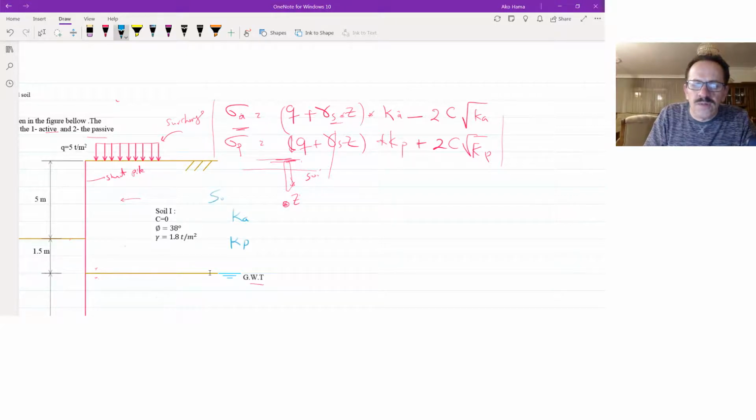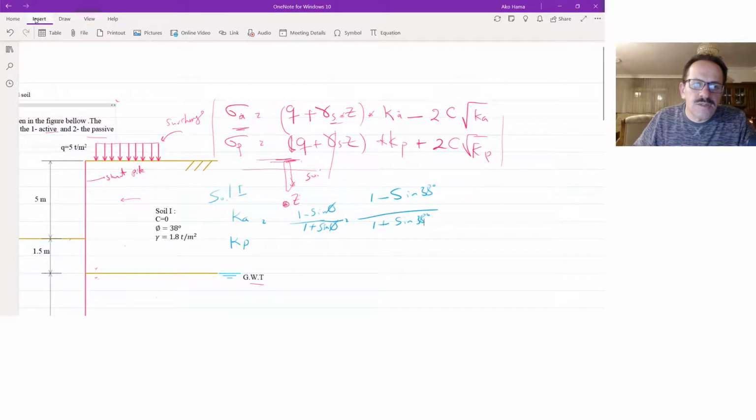So for soil 1, to find Ka, the Ka is equal to 1 minus sine phi over 1 plus sine phi, and it's equal to 1 minus sine 38 degrees over 1 plus sine 38 degrees.